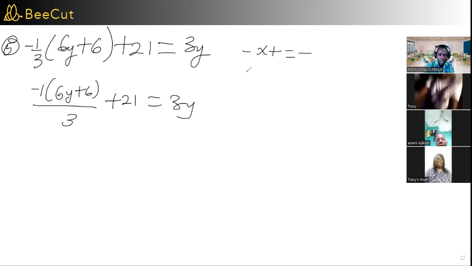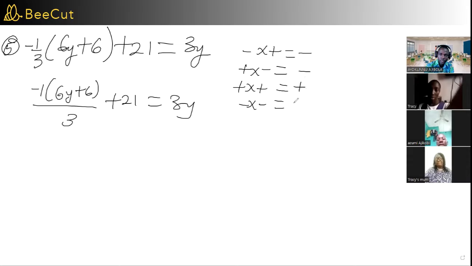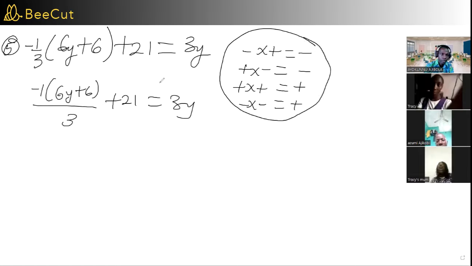Take note of it henceforth. Positive times negative is also negative. But when the signs are the same, like positive and positive or negative and negative, your answer must always be positive. Is that taken? Yes, sir. Okay, so don't let me have to remind you of this statement.